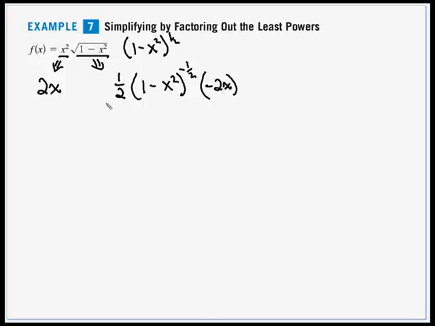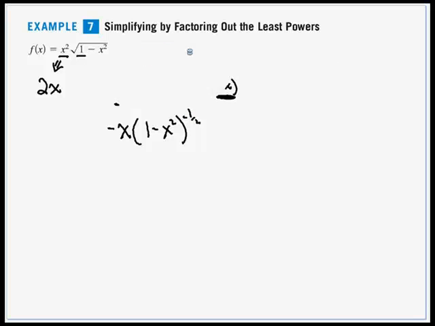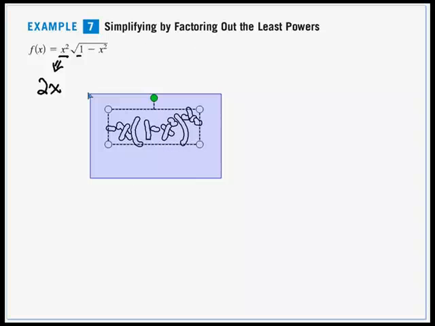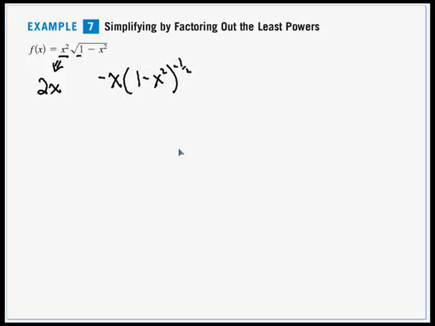To clean this up a little more, we can do the 1/2 times the -2, so that's going to be -x times our quantity, 1 minus x squared to the -1/2 power. So let me clean this up and move this up.